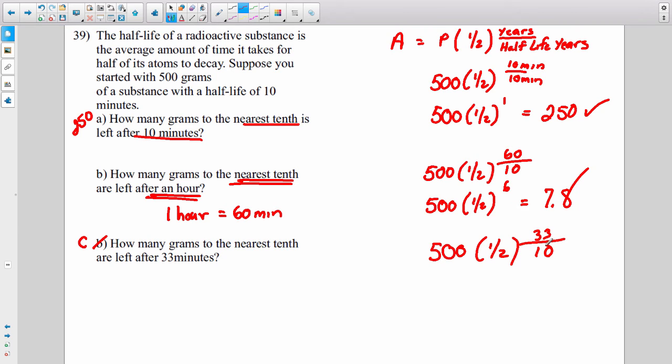So that's a dicey sort of situation because 33 does not get divided by 10 evenly. So this is when your calculator is a must. And when you round it to the nearest tenth, we end up with 0.8. Nice.